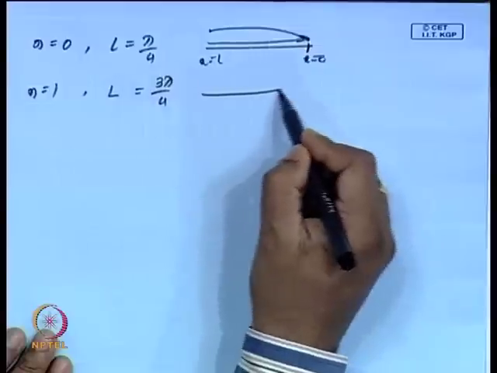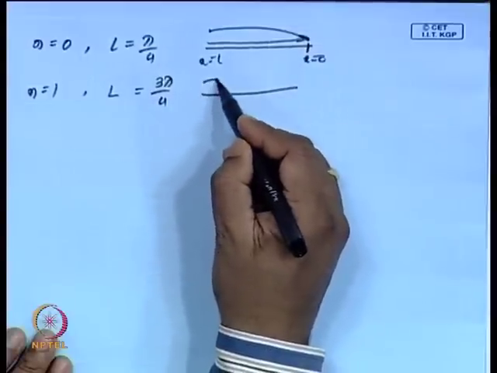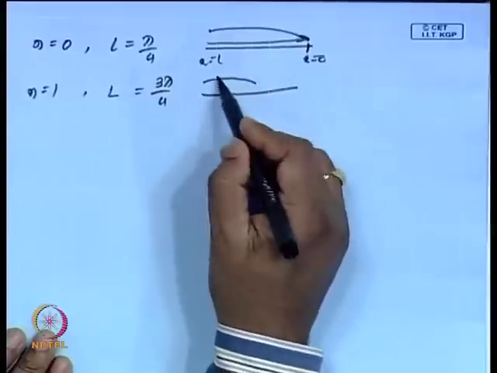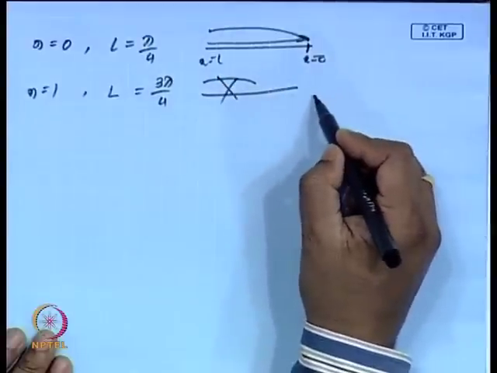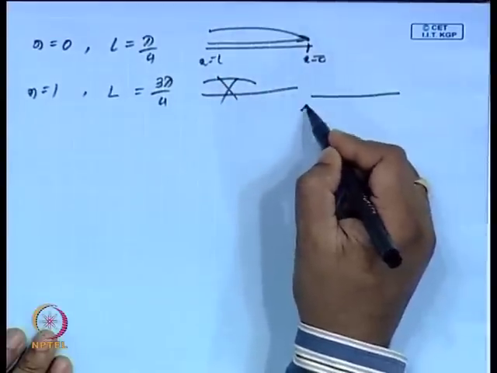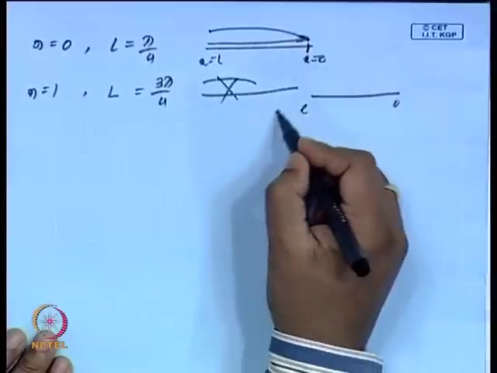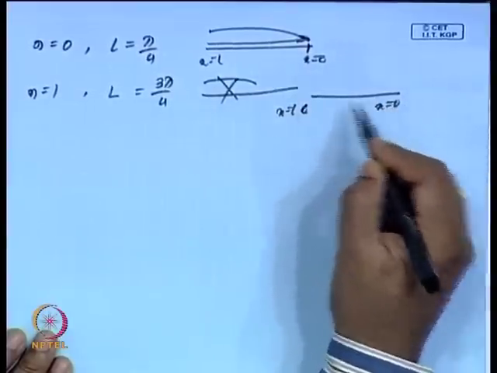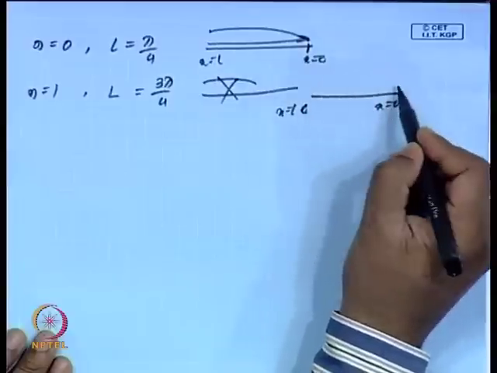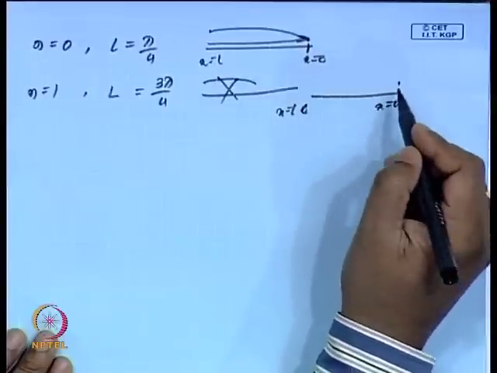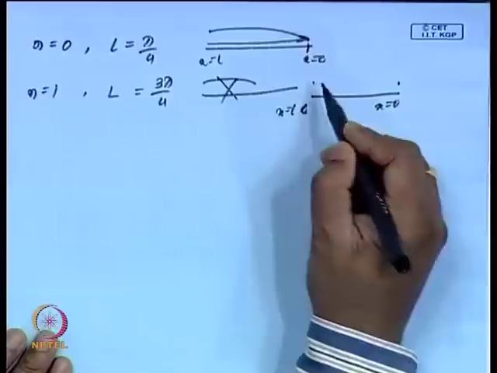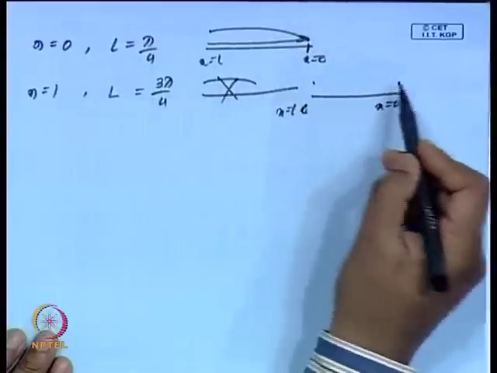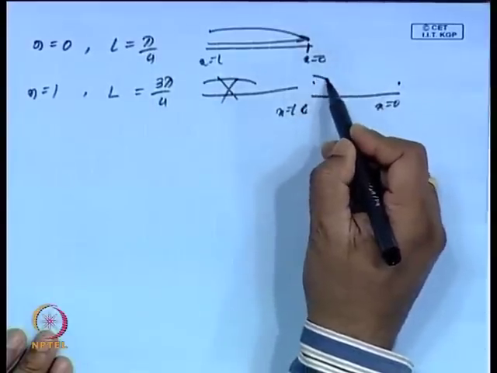In that case, this is x equal to 0, this is x equal to L, and because of resonance this will be a nodal point, this will be an anti-nodal point. So, this distance is 3 lambda by 4.